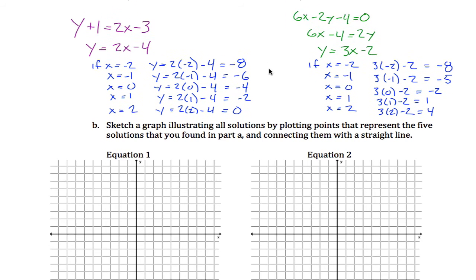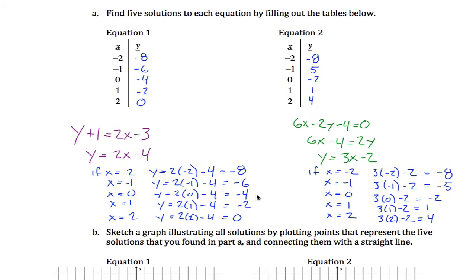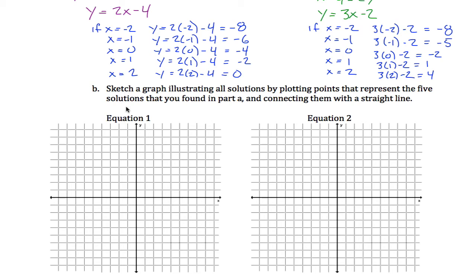Then what I can do is go down here and plot those points. Plotting each of the points I found up here, when x equals negative 2, y equals negative 8. So negative 2 is right here, and negative 8, 1, 2, 3, 4, 5, 6, 7, 8. Looks like this point right here is at negative 2, negative 8. Double check that I counted right. Yep, looks good. And then if x equals negative 1, y should equal negative 6.